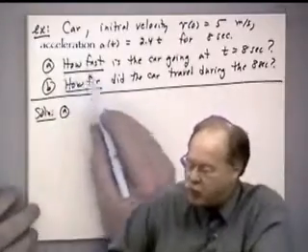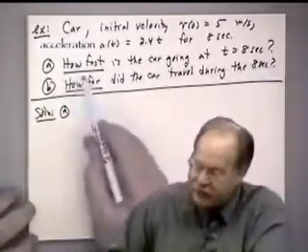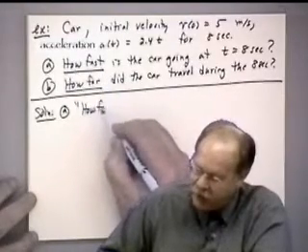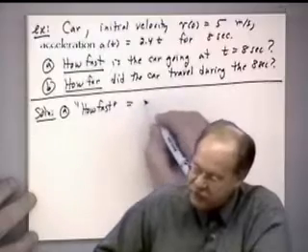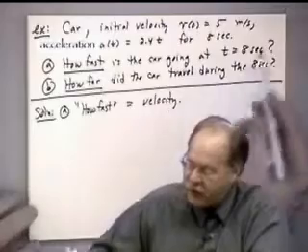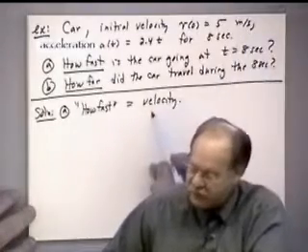The first thing is to read the question carefully and interpret the words how fast for part A. How fast means find the velocity. That's how we measure how fast things are. Meters per second gives you the clue.